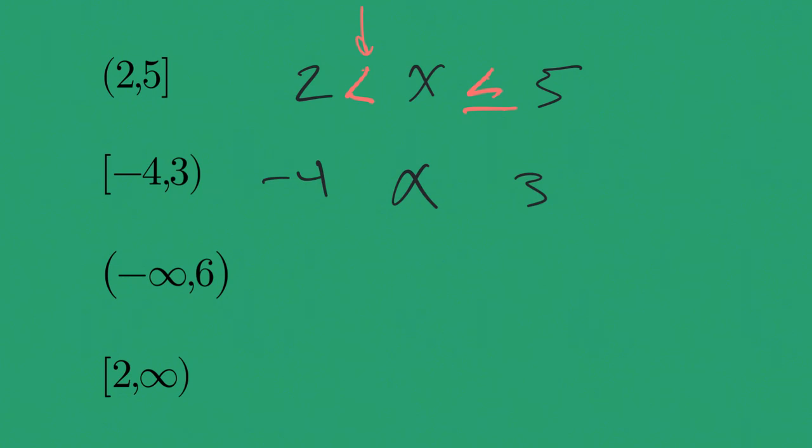As we read it from the variable to the number, this is going to be a greater than or equal to symbol. That is describing values greater than or equal to -4. And there's a parenthesis around the 3, so what symbol do we need now? Less than. Values that are greater than or equal to -4 and values that are less than 3.